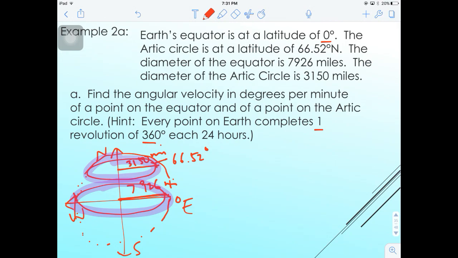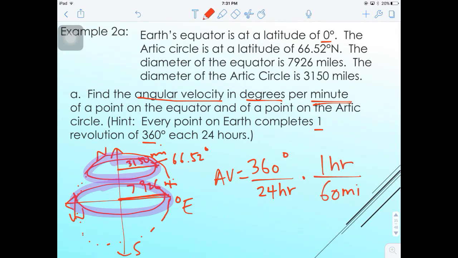So for this problem, it's just a conversion, because we need to find the angular velocity in degrees per minute. So we have 360 degrees in 24 hours, but we don't want hours, we want minutes. So we convert from 1 hour to 60 minutes, and notice that the hours will cancel out.